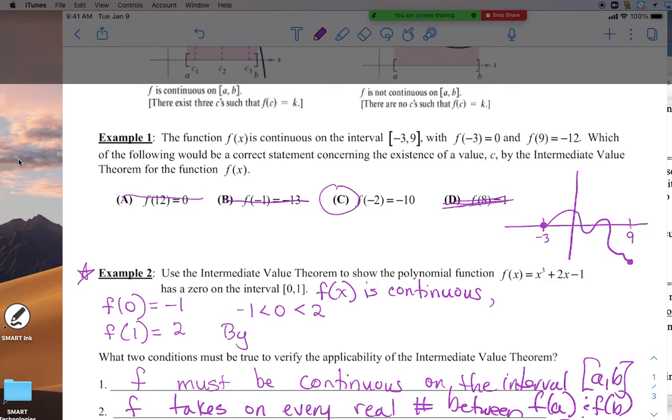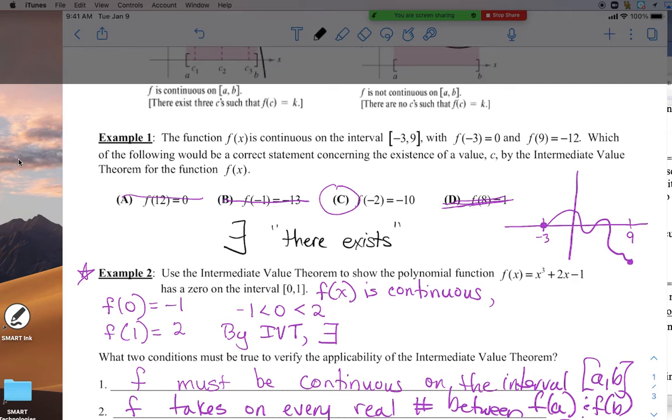So by the intermediate value theorem, and I'm going to use a new notation if I haven't used this one before, it is a backwards capital E. Have you ever seen that one? This symbol means there exists. Let me write it up here for you. This backwards capital E stands for there exists.